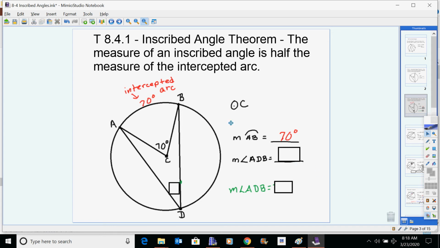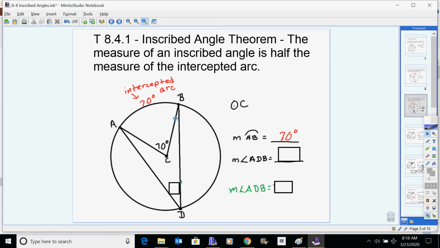Okay. The other question is asking you how many degrees are in angle ADB, and we need this theorem right here for that: the measure of the inscribed angle is half the measure of its intercepted arc.